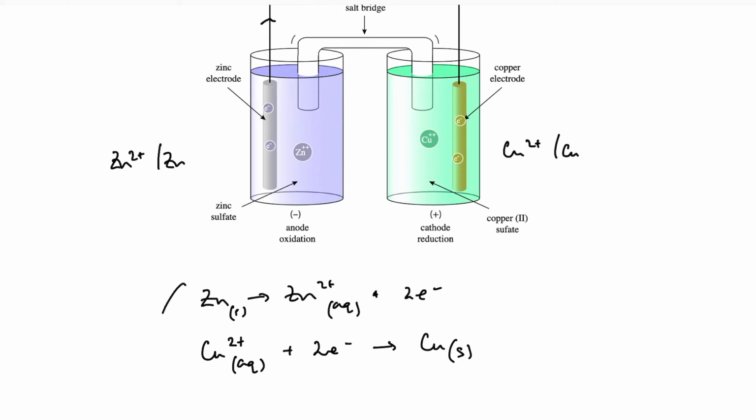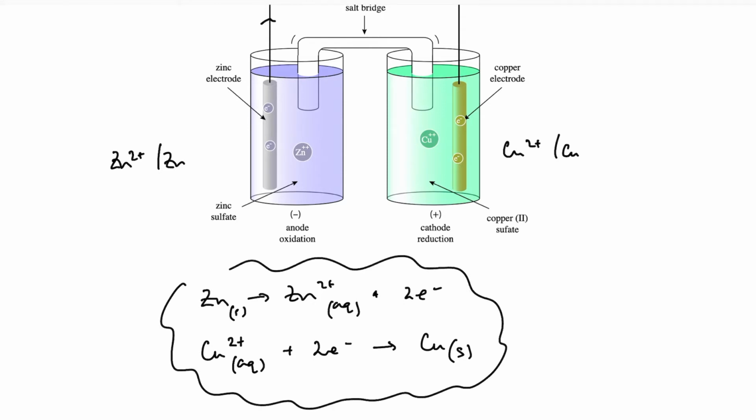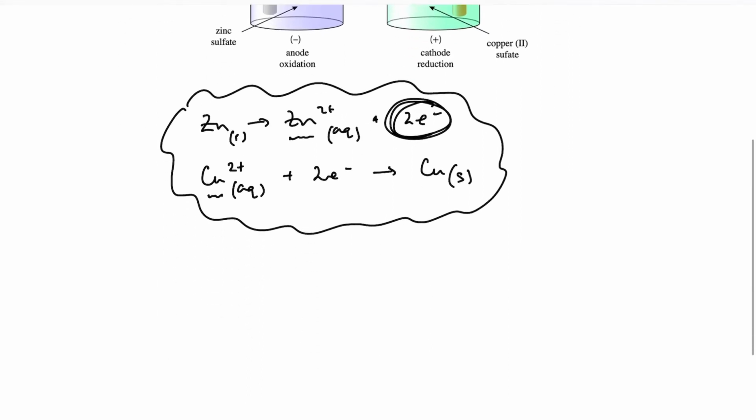This reaction is going to happen until equilibrium is reached, and at that point the concentrations of the ions in the half cells are going to stop changing. If zinc is no longer being oxidized to zinc ions and we haven't got any more electrons flowing around, my cell has run out of energy. It's essentially gone flat, which means there is going to be no more work done. There will be no more change in Gibbs energy.